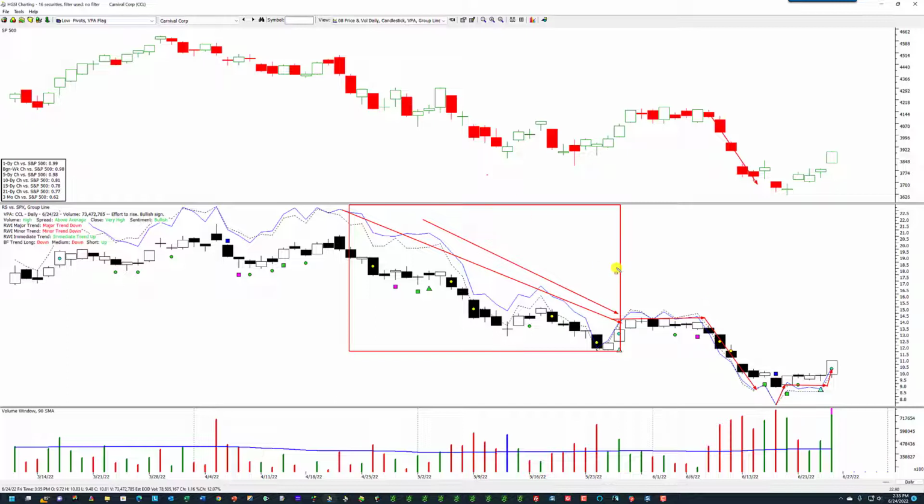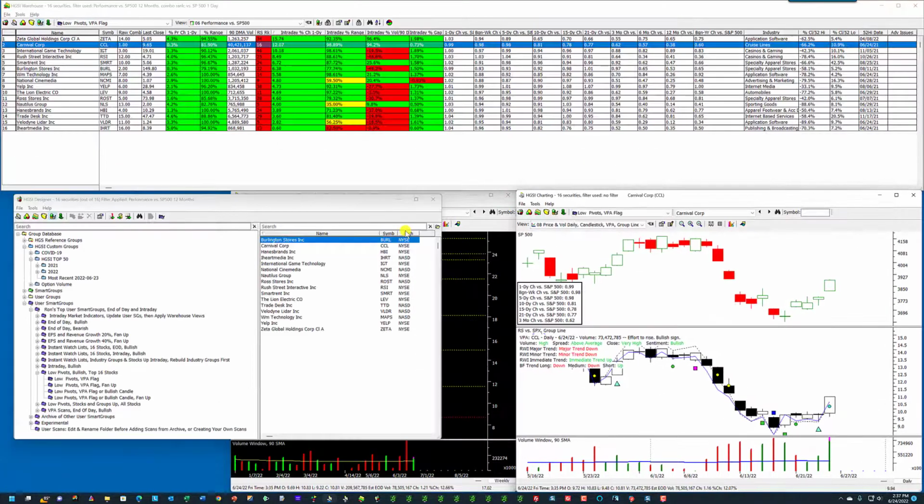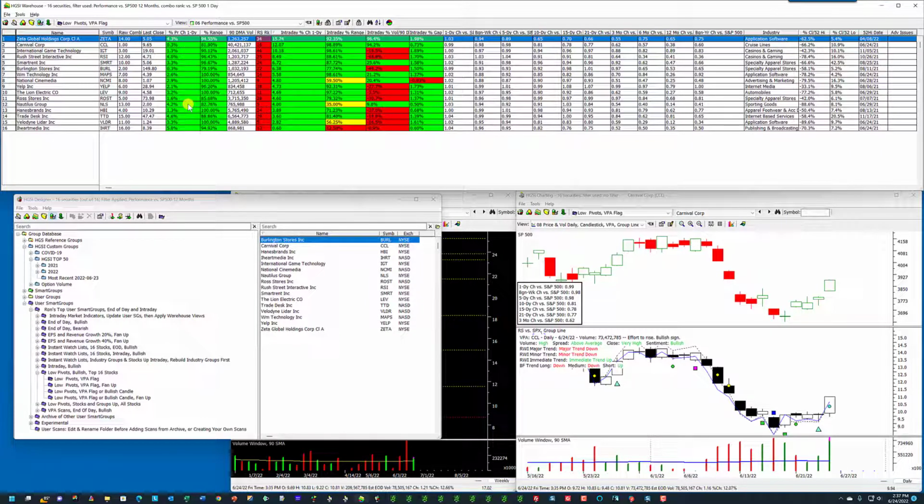Now, at night, you can scan any group of stocks and look here. These are going to be the closing prices and the volume, and just look over here and see which stocks outperformed the S&P that day.